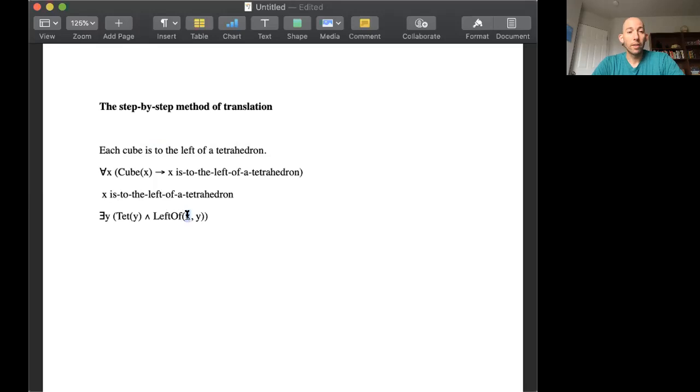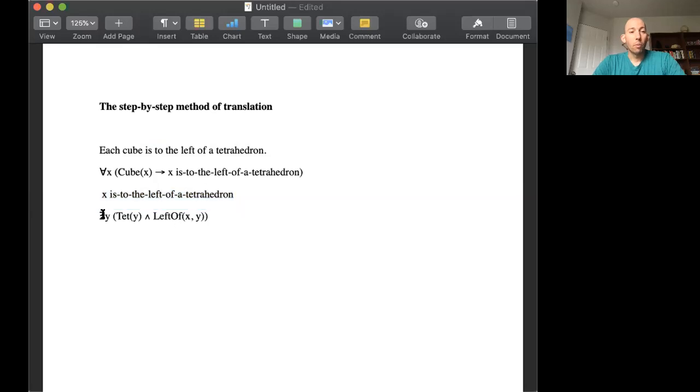This sentence is not strictly speaking a complete sentence because x isn't bound by a particular quantifier out front. But that aside, this would be a correct translation of the verb phrase, x is to the left of a tetrahedron.